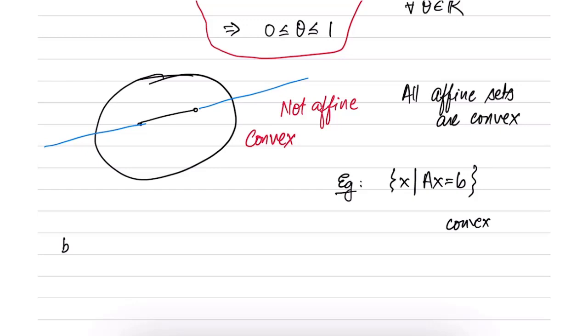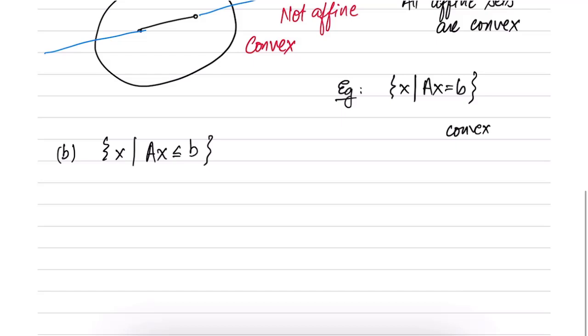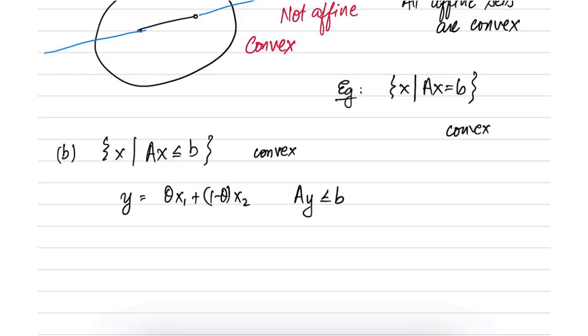Let us take another example, which we have already considered earlier. So the set of all x such that Ax is less than or equal to b. Now this set is actually convex. So how do we show that? If you remember, we needed to check that y equal to theta times x1 plus 1 minus theta times x2, and we needed to check whether Ay is less than or equal to b, right, for y of this form.